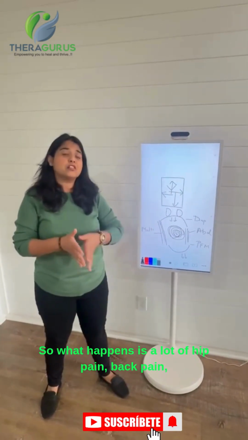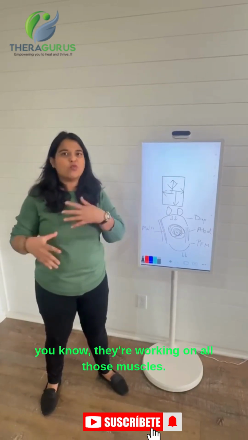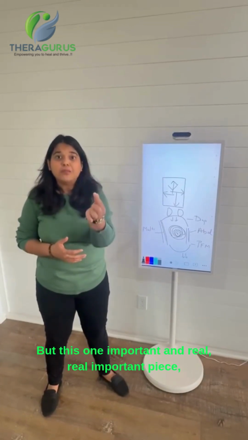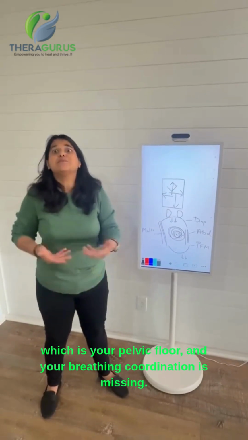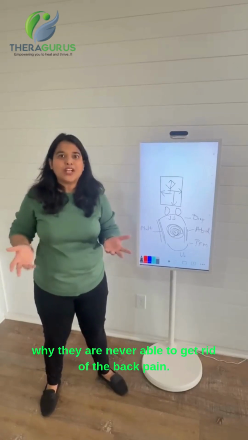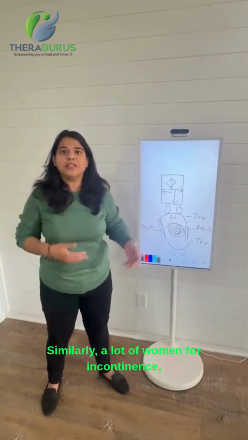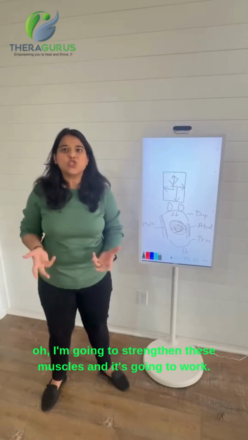A lot of people with hip pain or back pain go to therapy and work on all those muscles, but this one real important piece, which is your pelvic floor and your breathing coordination, is missing, and that's why they are never able to get rid of the back pain. It's like a lifelong thing for them. Similarly, a lot of women, for incontinence, just do Kegels and feel like, oh, I'm going to strengthen these muscles and it's going to work.